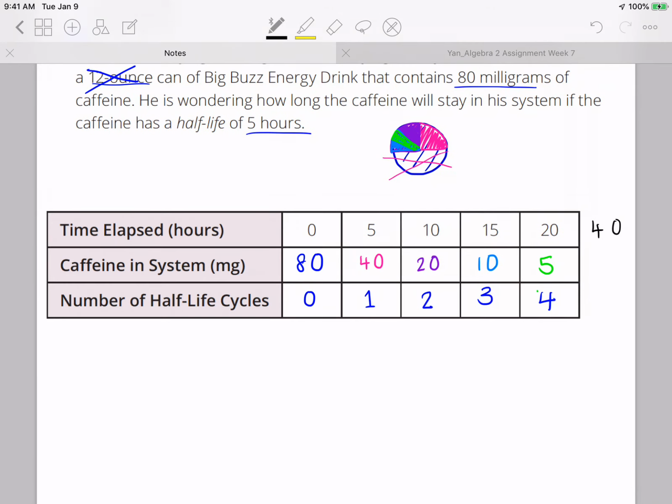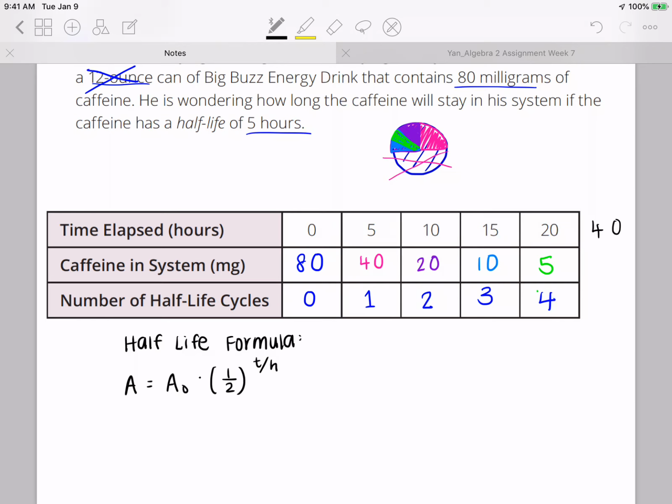I'm going to write the formula for half-life first. So the half-life formula is A equals, A is what you want left, A sub 0 times 1/2 to the T over H.